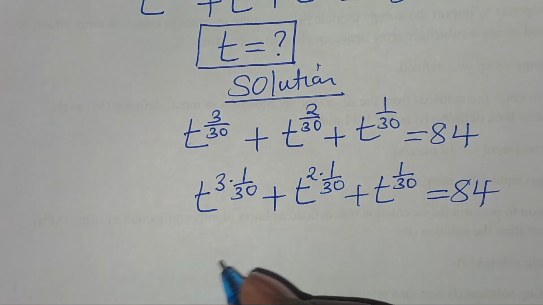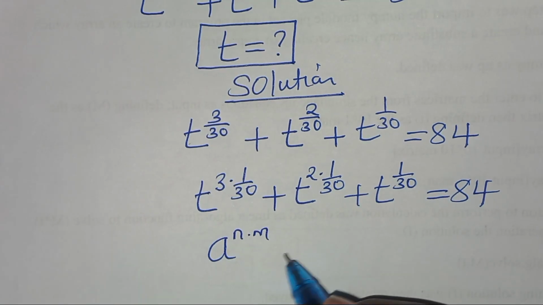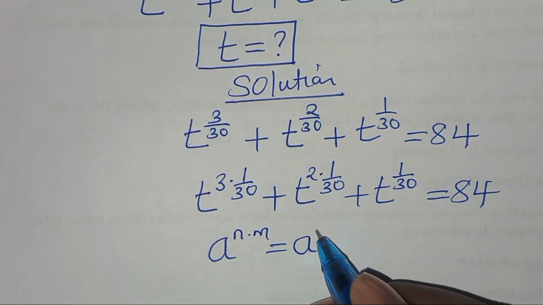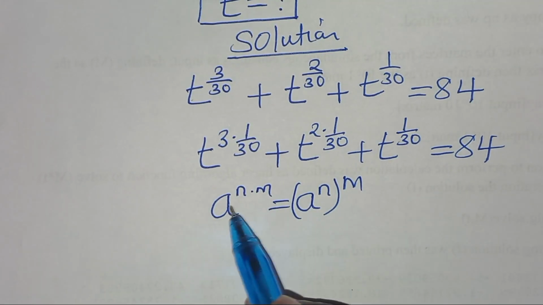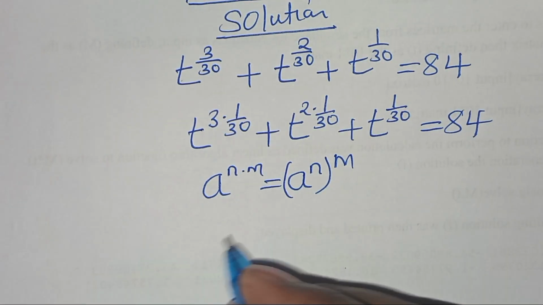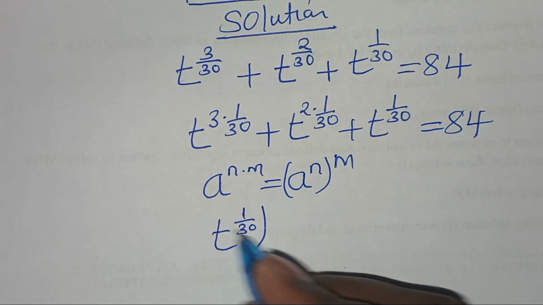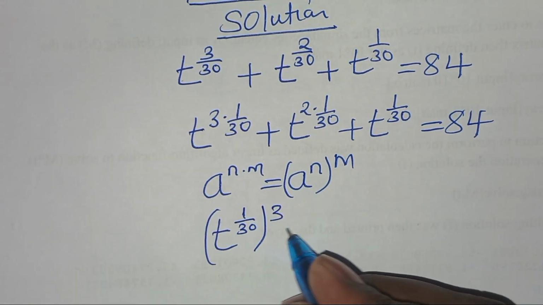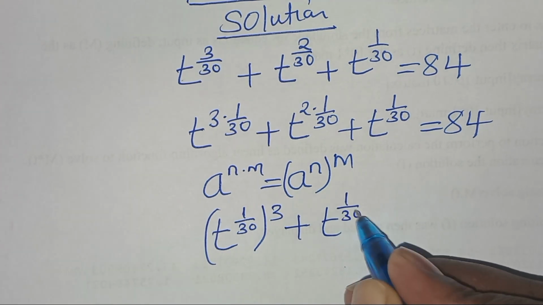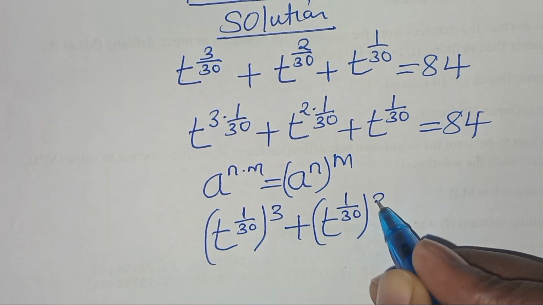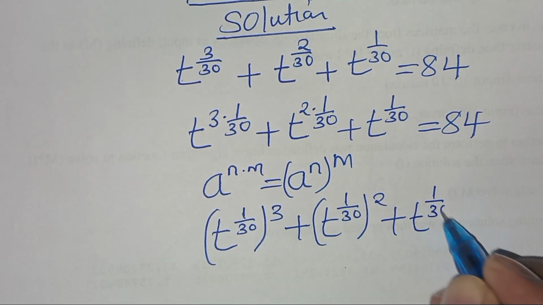The next step is that this is in the form of a to power n times m, which we can express as a to power n raised to power m. Applying this exponent property, then here we'll have t to power 1 over 30 raised to power 3 plus t to power 1 over 30 raised to power 2 plus t to power 1 over 30.